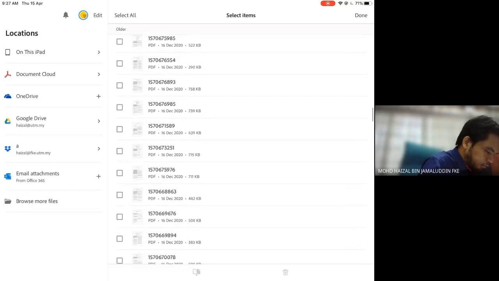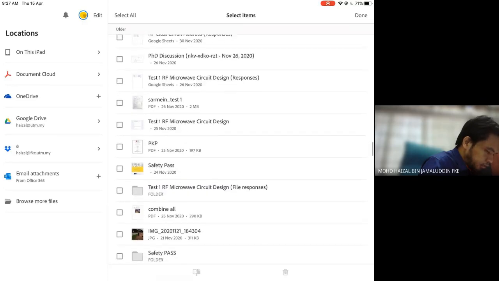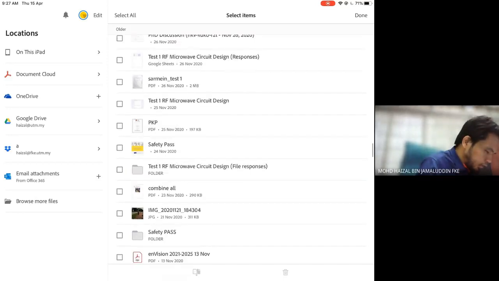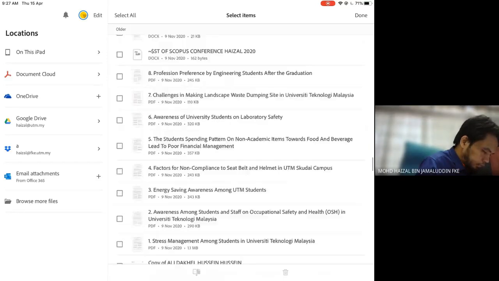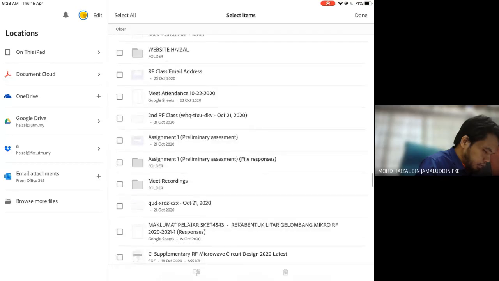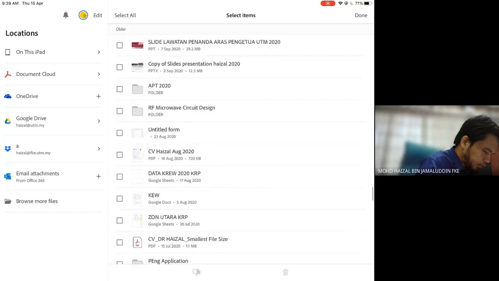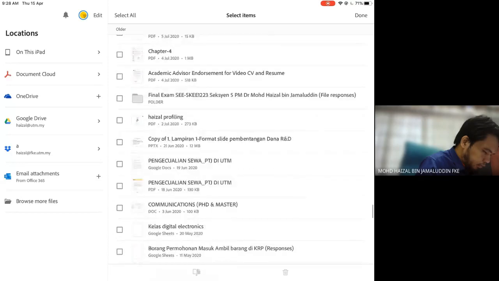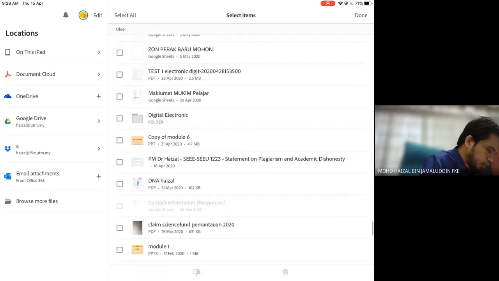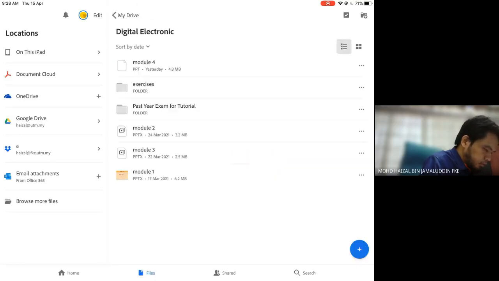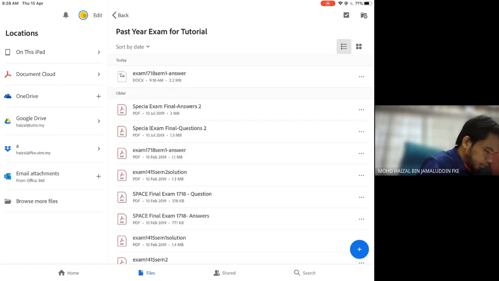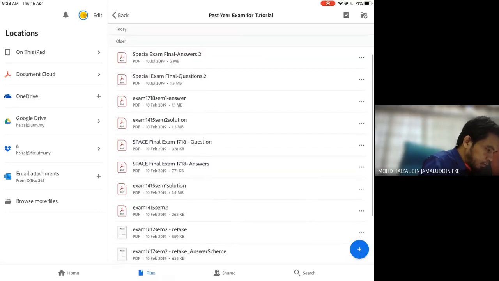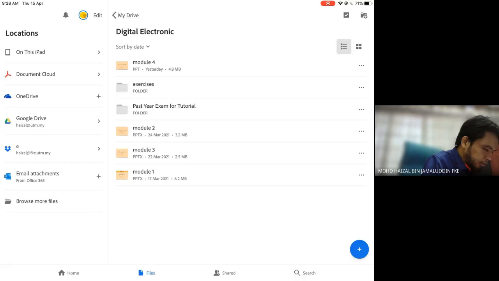Kita mau ikut. Sekarang pukul berapa? 9:30. Lupa pula. Okey, akhirnya jumpa. Okay, so maybe perhaps the final exam is not good anymore, because it's advanced.